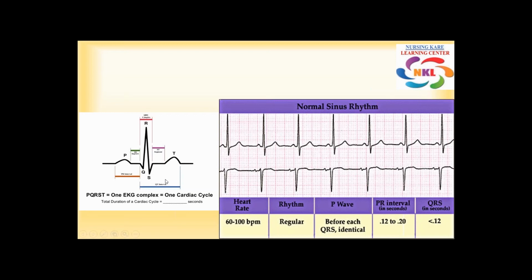Another thing they look at on an EKG is the PR interval. The PR interval is measured from the beginning of the P to the beginning of the R. It tells you the width, which is supposed to be 0.12 to 0.20. They're talking about the small boxes.